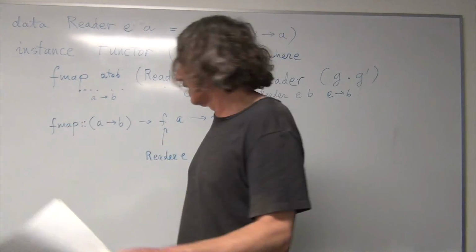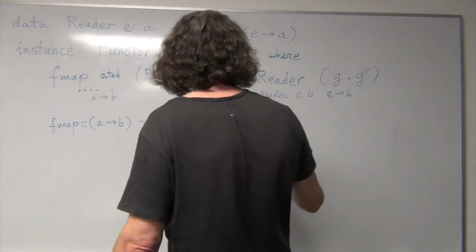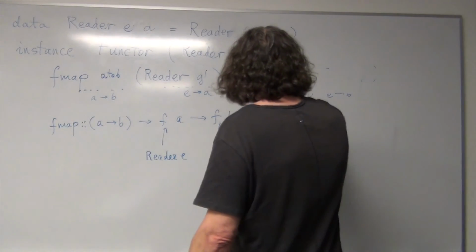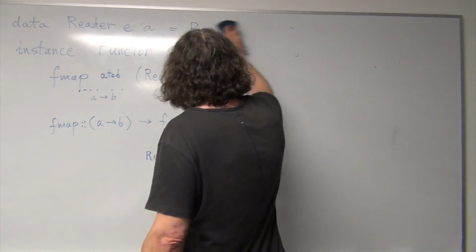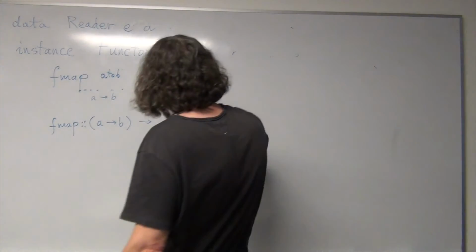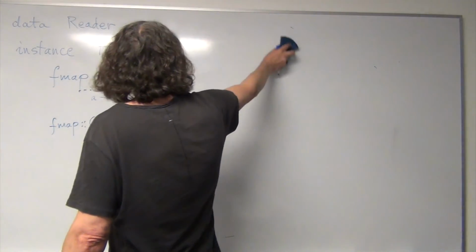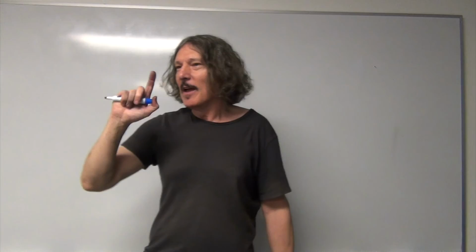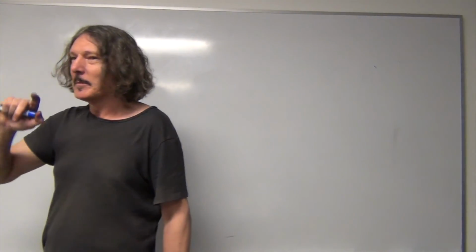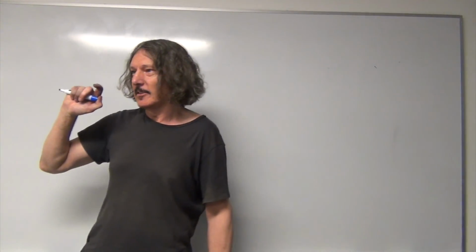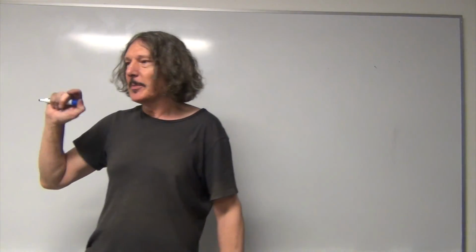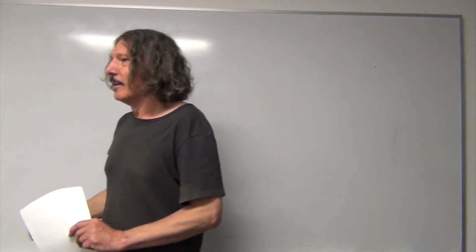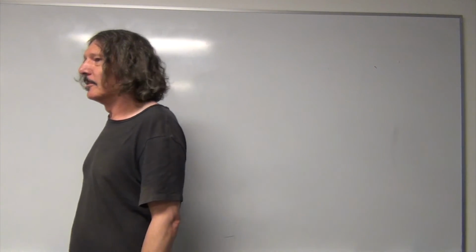The final thing, and I don't know, maybe this is what Alan was talking about. The final thing is something that we cannot really express in Haskell, but we kind of know that it has to be true. If something is a real functor, it has to have certain properties that are not expressible in Haskell. These properties are kind of trivial, sometimes called axioms, right?